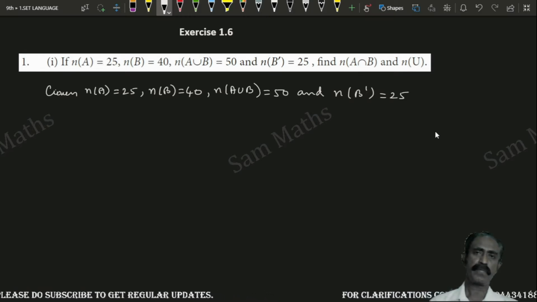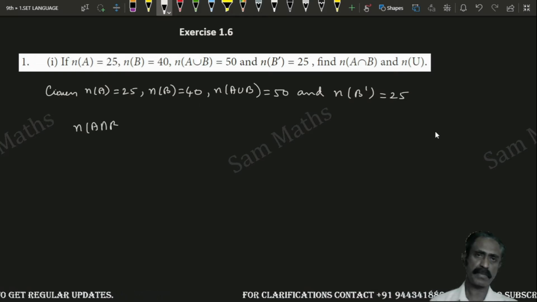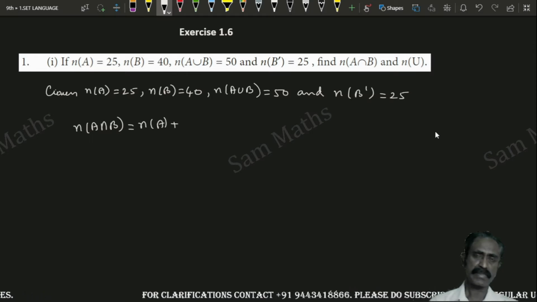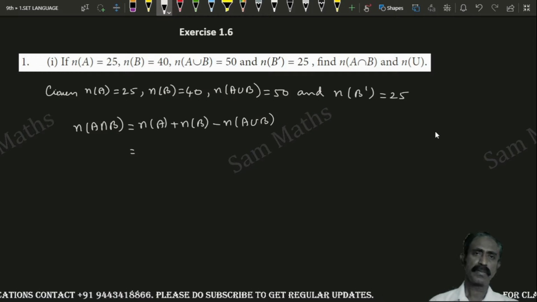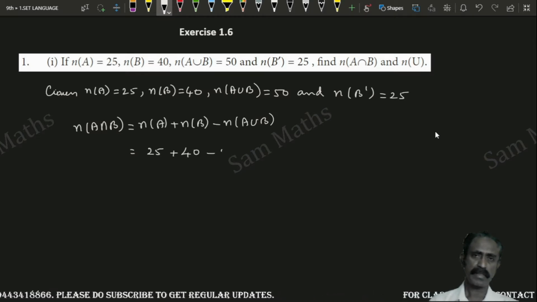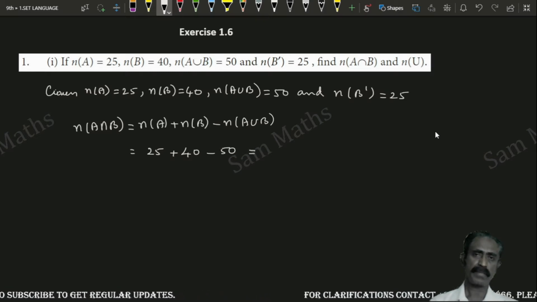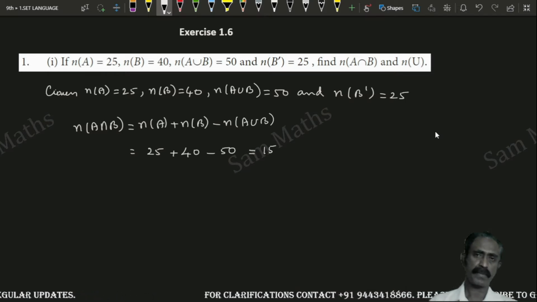We need n of A intersection B. N of A intersection B is equal to n of A plus n of B minus n of A union B, which is equal to 25 plus 40 minus 50, which is equal to 40 minus 50 is minus 10, 25 minus 10 is 15.